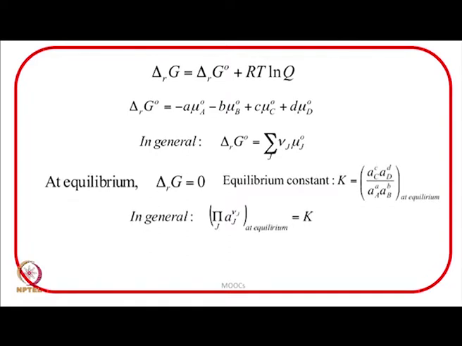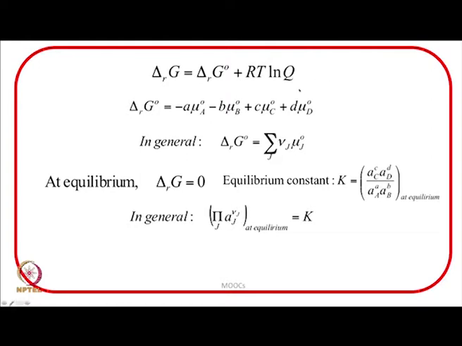In general, after recognizing the standard reaction Gibbs function, that it is constant at a given temperature, we now invoke the equilibrium conditions. We know that at equilibrium delta Rg is going to be 0, the slope is equal to 0, and equilibrium constant will be equal to the expression for Q at equilibrium.